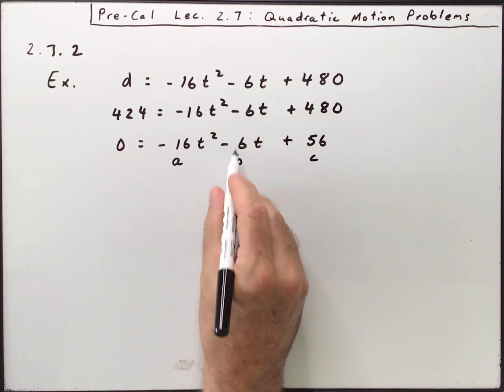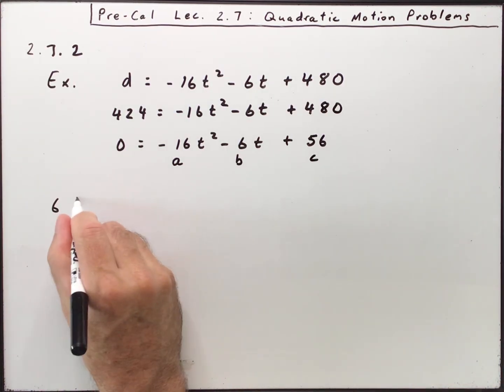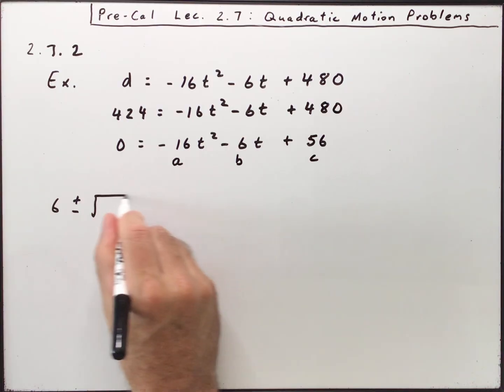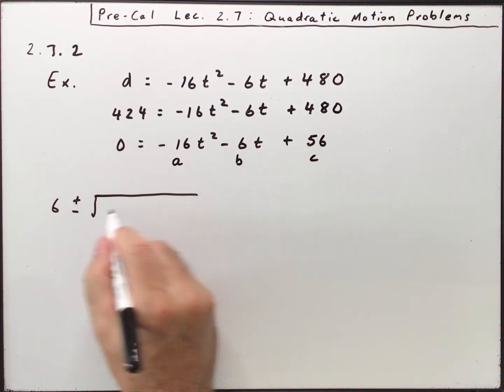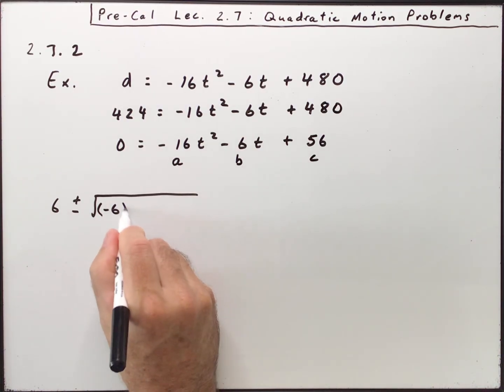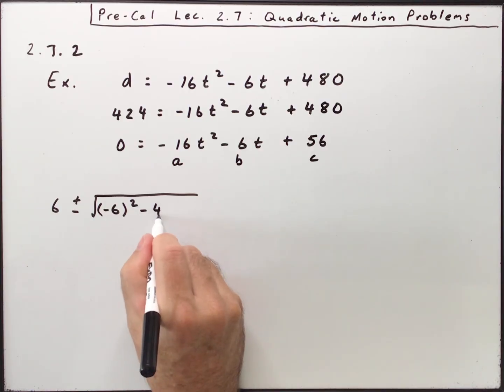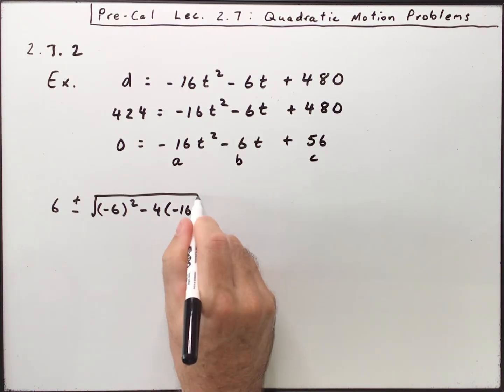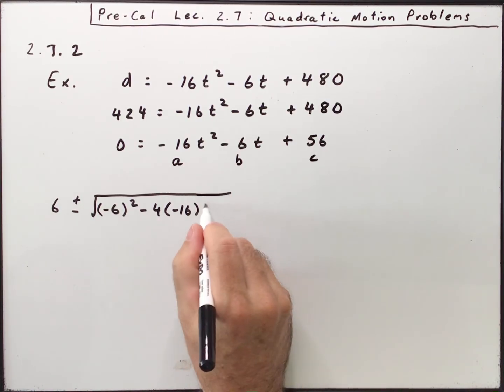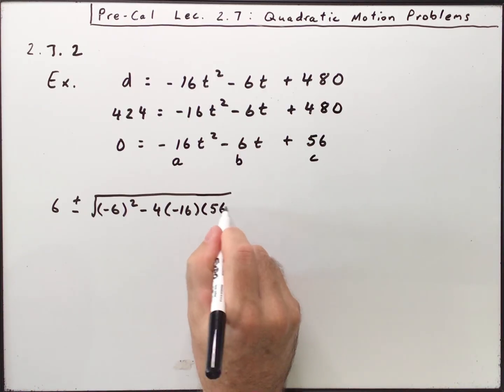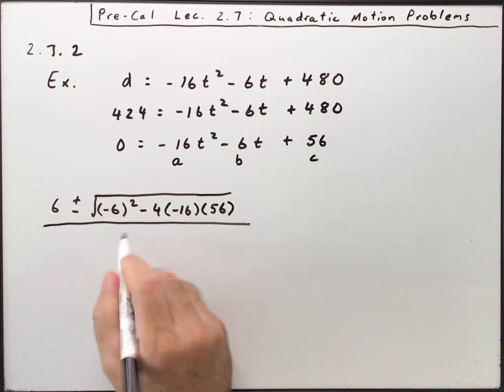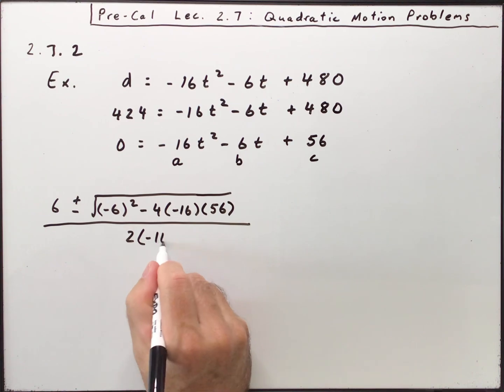So I'd have negative b, that's negative negative 6, which would be positive 6, plus or minus the square root of negative 6 squared minus 4 times negative 16 times 56, all over 2 times negative 16.